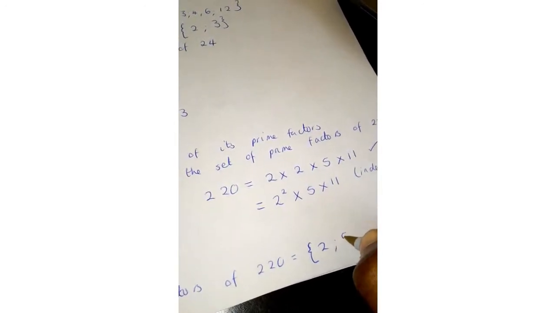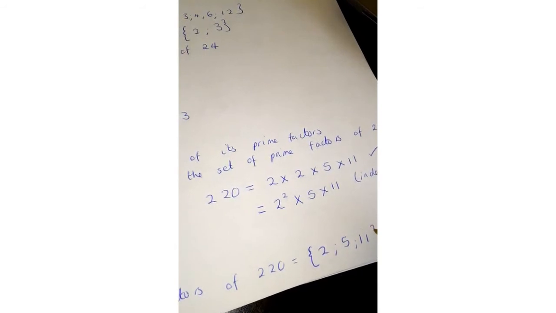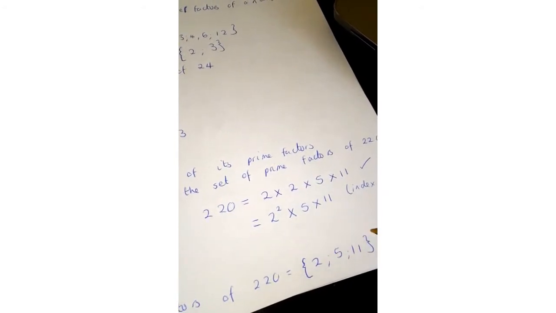There is 2, there is 5, and there is 11. When you are writing down the set, you do not have to repeat a prime number, you only write it once. I'll give you this example and I want you to work it out.